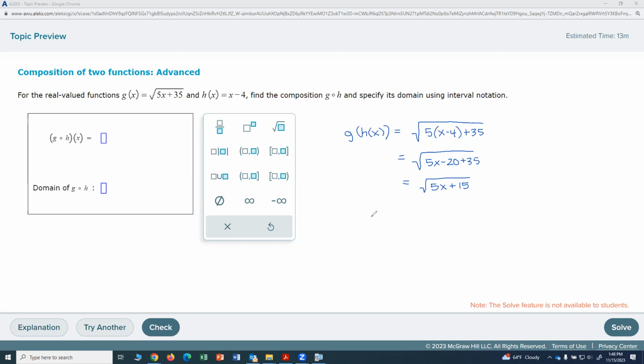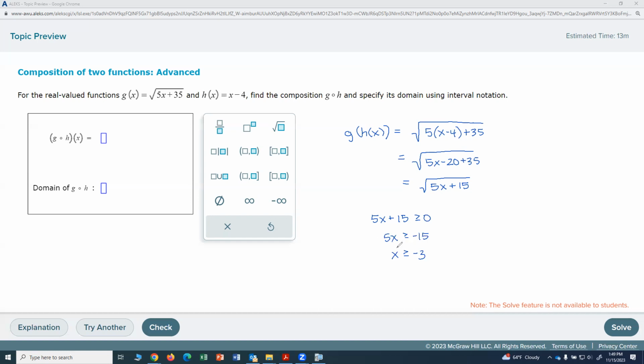Here, when I'm looking at the domain, I want to look at the 5x plus 15 and set that to be greater than or equal to 0. So 5x is greater than or equal to negative 15, so x is greater than or equal to negative 3. Notice that's a more strict restriction than the g of x domain, where I would have x needing to be greater than or equal to negative 7.